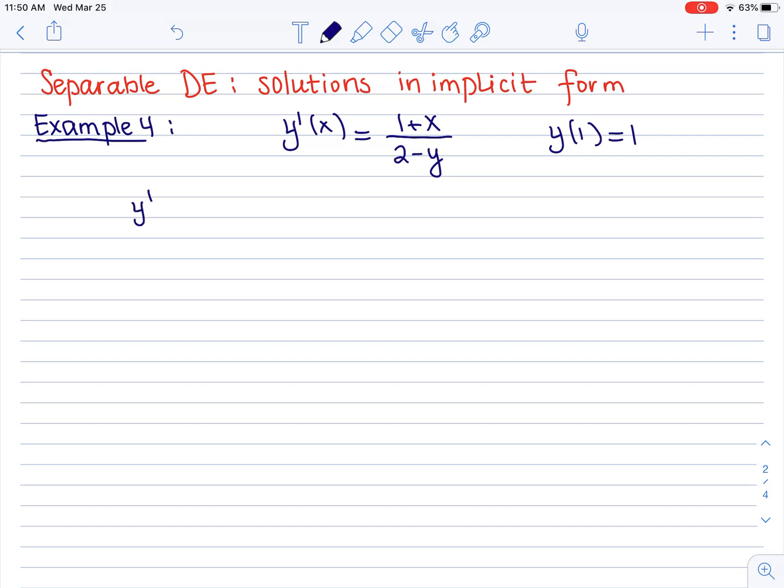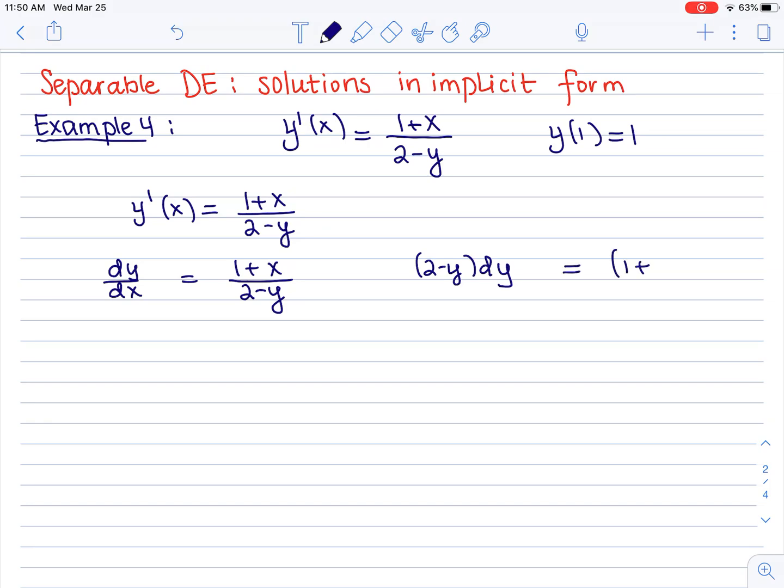This is y prime of x is equal to 1 plus x over 2 minus y. Let's rewrite this as dy dx. We need to separate our variables in such a way that y is on one side, so we multiply by 2 minus y, and x is on the other side.